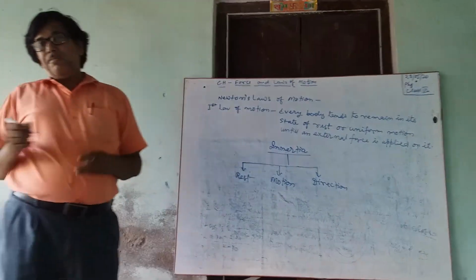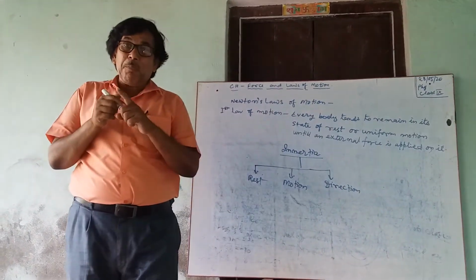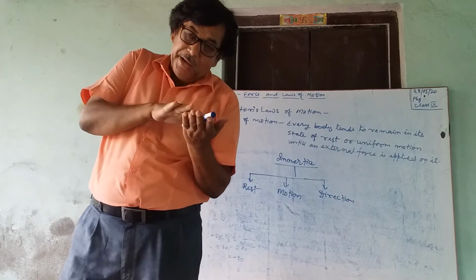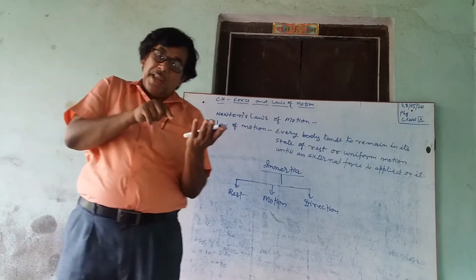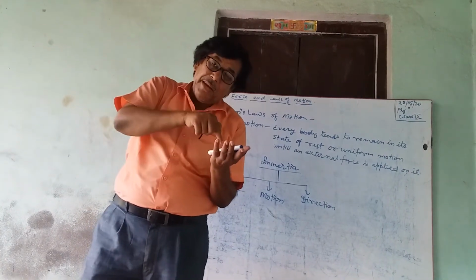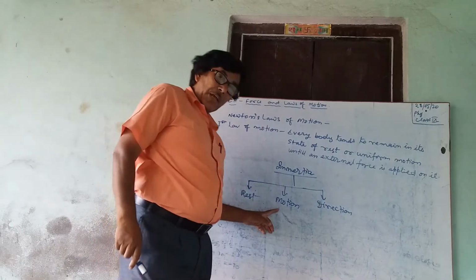Inertia of rest. It is the property of a body at rest, due to which the body at rest tends to remain in its state of rest. Inertia of motion.